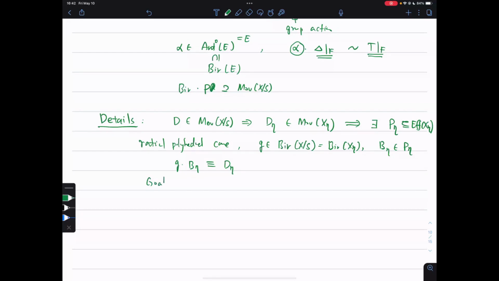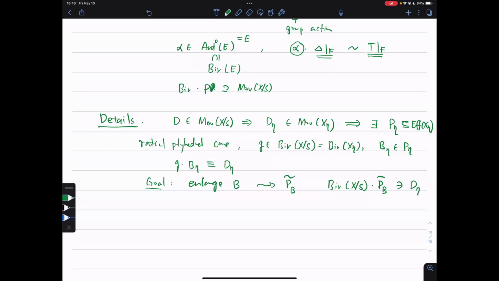And now our goal is to enlarge P eta to some new cone P eta tilde, still a rational polyhedral cone, such that the birational action on P eta tilde will contain D eta.